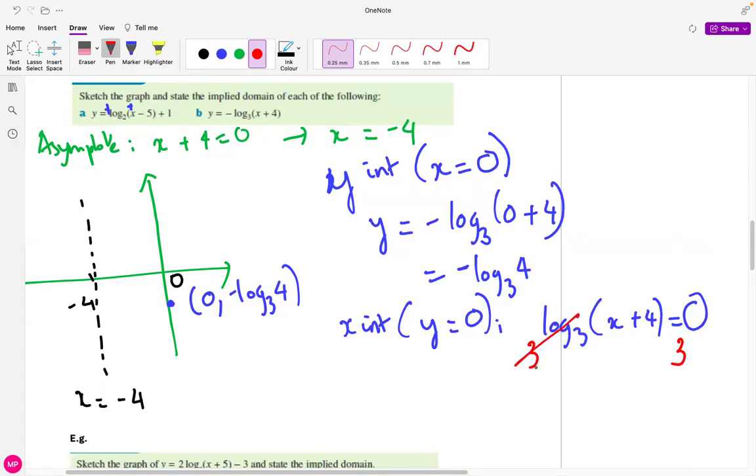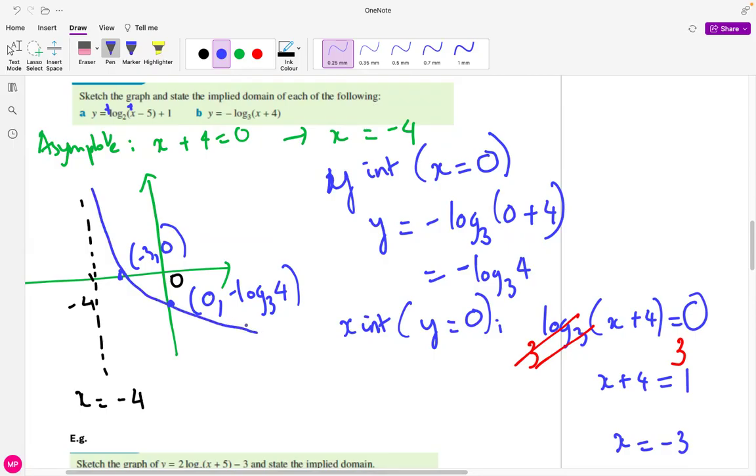So 3 to the power of log 3 goes away. You would have x plus 4 equal 3 to the power of 0, which equals 1. And then you move the 4 over, 1 minus 4 gives you negative 3. So this is negative 3, 0. Now you can link them together. So it looks something like this.